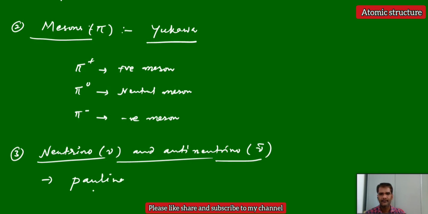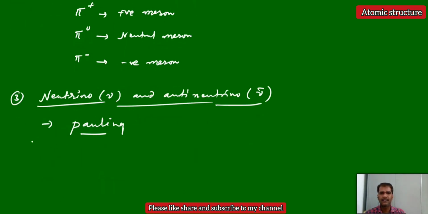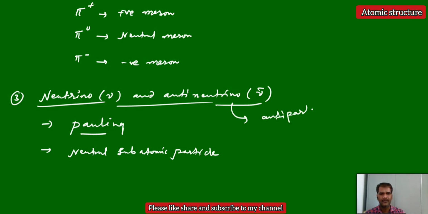So a neutrino is a neutral subatomic particle. Antineutrino means it is an antiparticle of the neutrino.